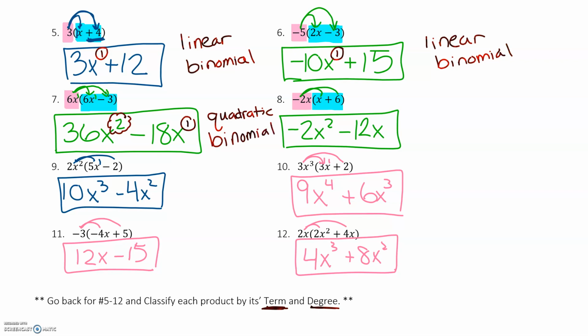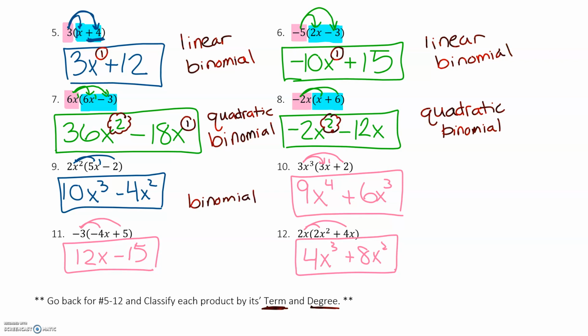We'll look at number 8. Number 8 is also a quadratic binomial. Ooh, number 9. It's a little bit different. Still 2 terms, so we still have the binomial part.